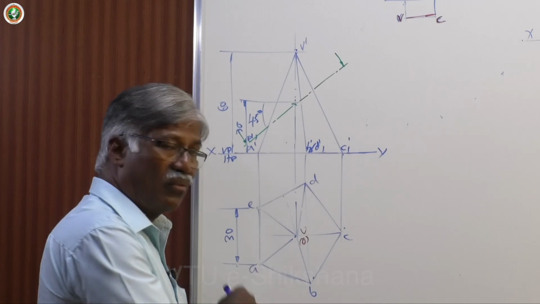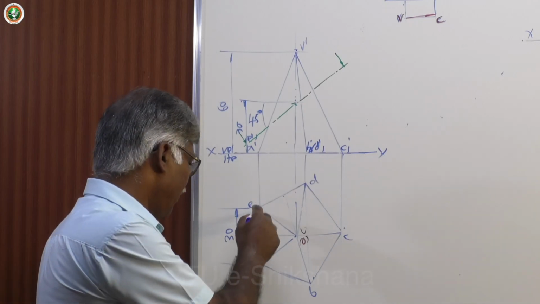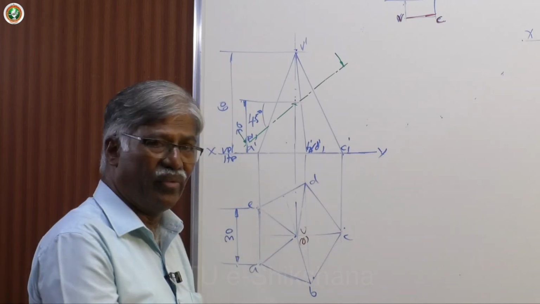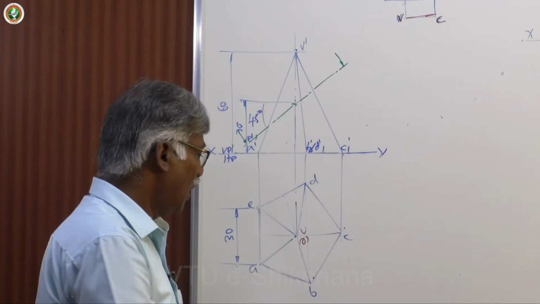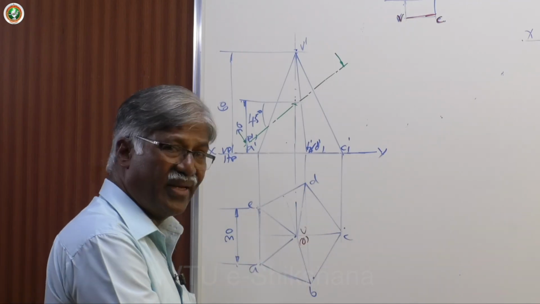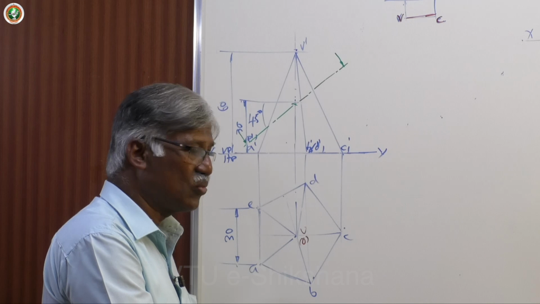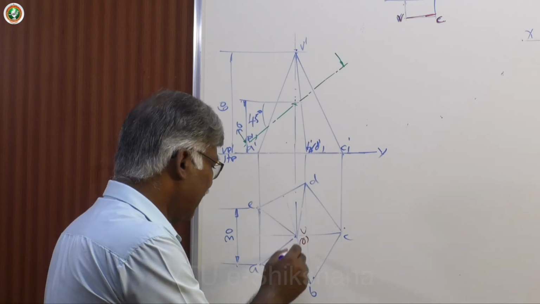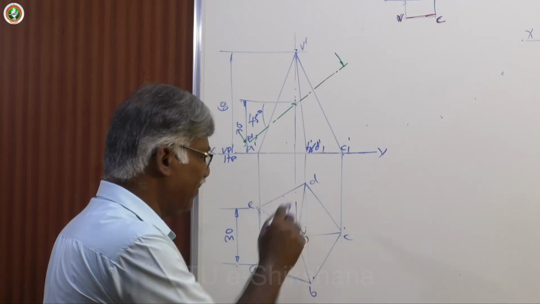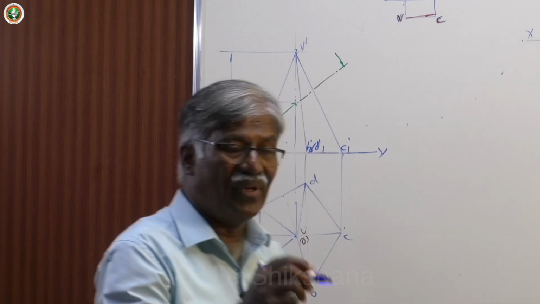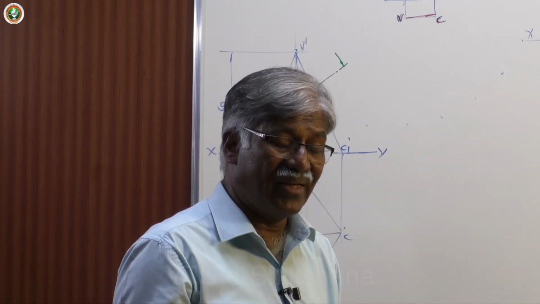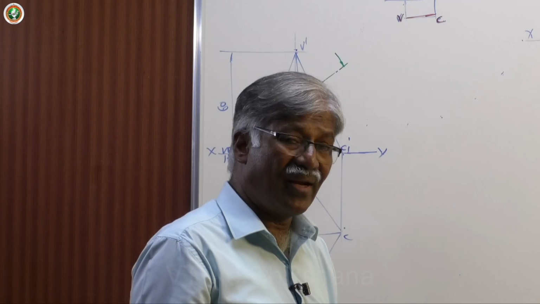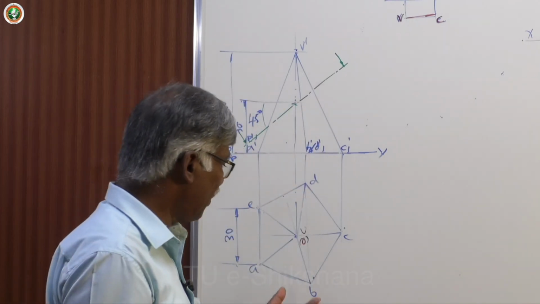So you know how to draw the top view. See, one of the base edges is perpendicular to VP. Draw the top view, and in pyramids it is very interesting and also very important to note that VA, VB, VC, VD and all are visible if the section plane is not taken. But in case of development we are not much bothered about the top view.